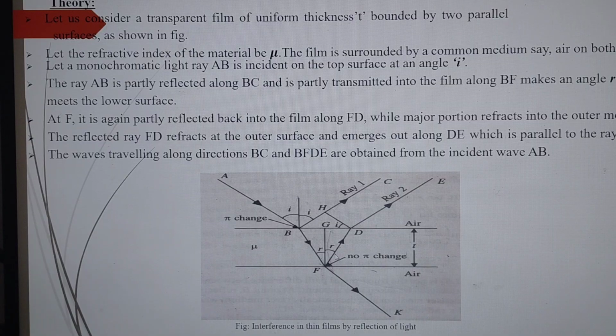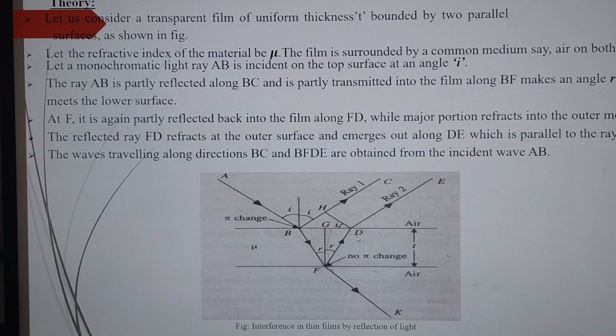Here it is partially reflected back along FD, while the major portion remaining comes out to air. The reflected ray FD refracts at the outer surface and emerges out along DE.